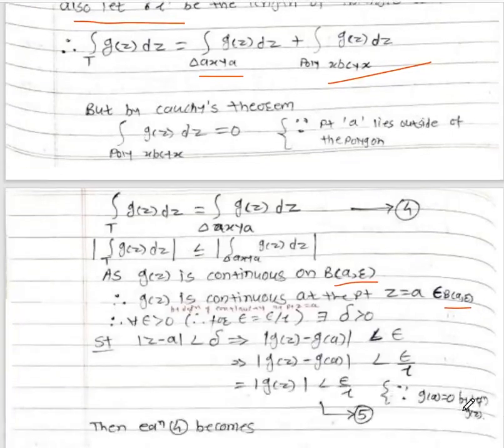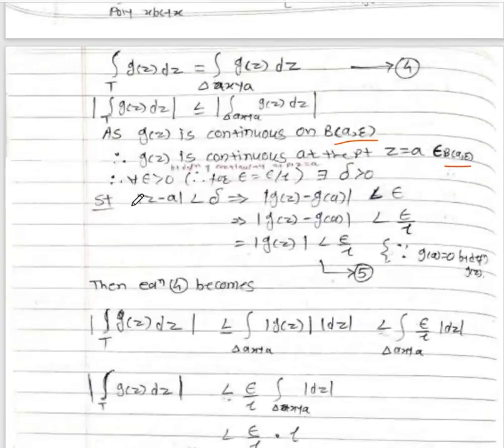So by the definition of continuity at the point z equal to a, for every epsilon greater than 0, for epsilon by L, there exists delta greater than 0 such that mod z minus a less than delta implies mod g of z minus g of a less than epsilon by L. So by choosing this epsilon.